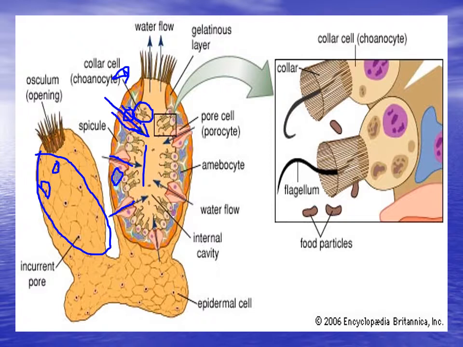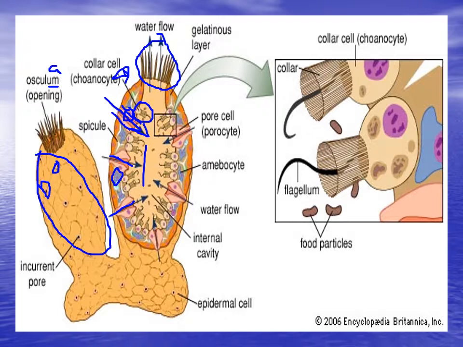And then the water flows out the top here, and that's the osculum. Osculum is the singular version. Oscula is the plural. So most sponges will have one osculum. Some will have several oscula, depending on the type of sponge.